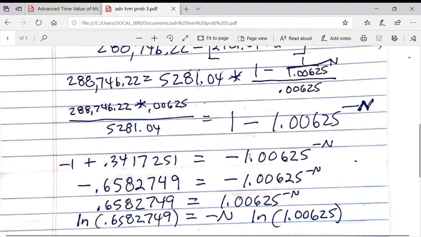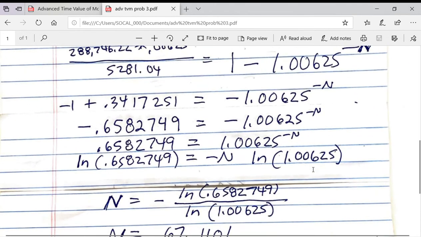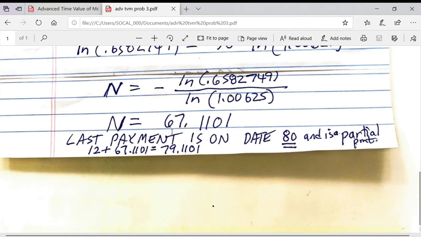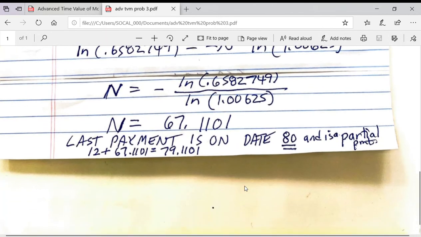So remember, the value n we were solving for was the n that allowed us to fully extinguish this remaining principal balance. And we see that the n value is 67.1101 periods.